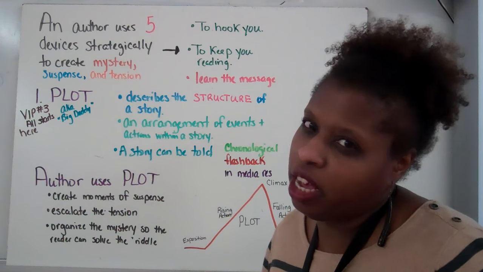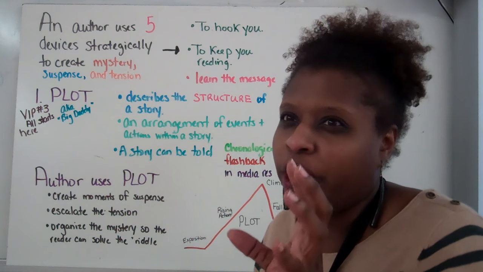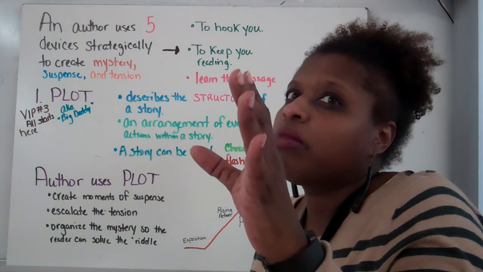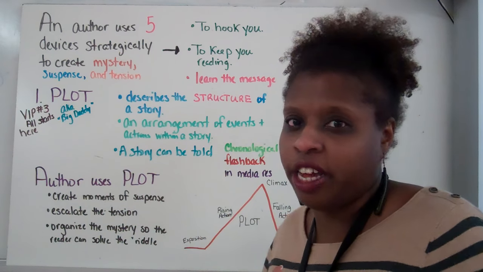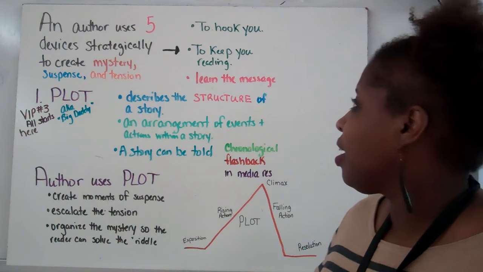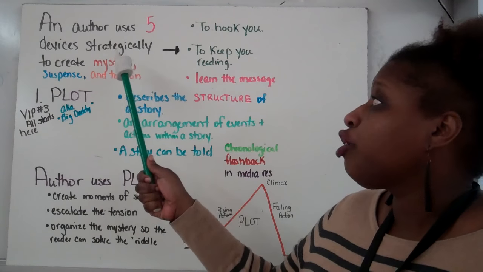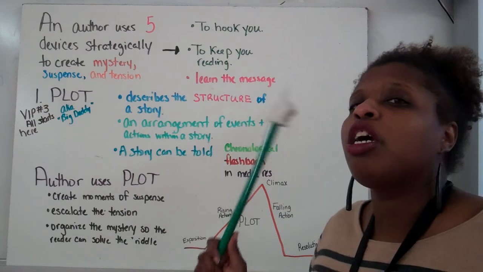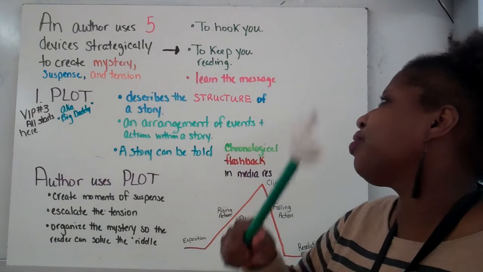You know that feeling you get in a horror movie? When you know something is behind the door and you're waiting for the character to get there. That's suspense. Now, once again, these 5 devices create mystery, suspense, and tension to hook you, to keep you reading, and to leave the message.